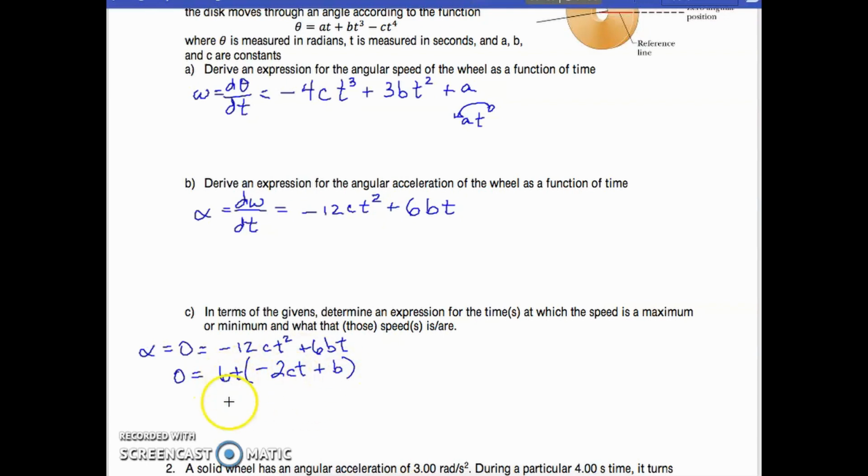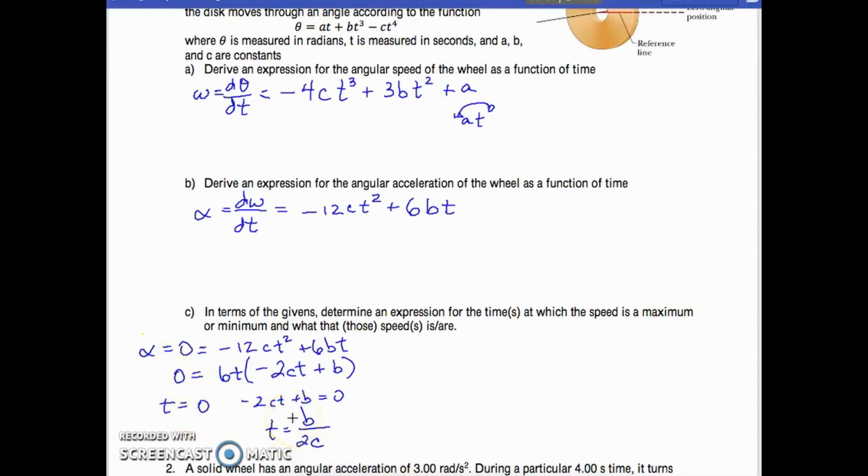And we can set each factor equal to 0. So 6t is equal to 0, divide both sides by 6, and then t is equal to 0. And then negative 2ct plus b is equal to 0. Solving for t gets us b over 2c.